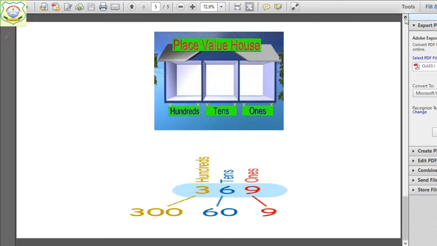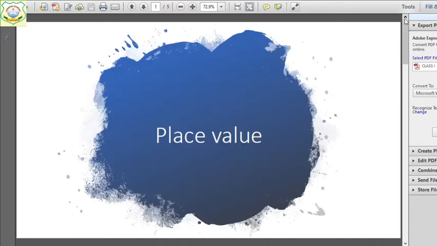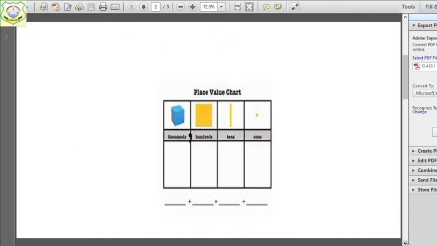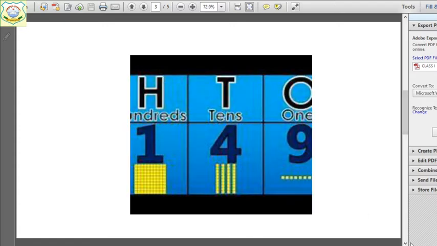We will start again with our first slide. We are doing topic place value. That we have learned. This is ones, then come tens, then come hundreds, and then come thousands. After that, 9 is in ones place.